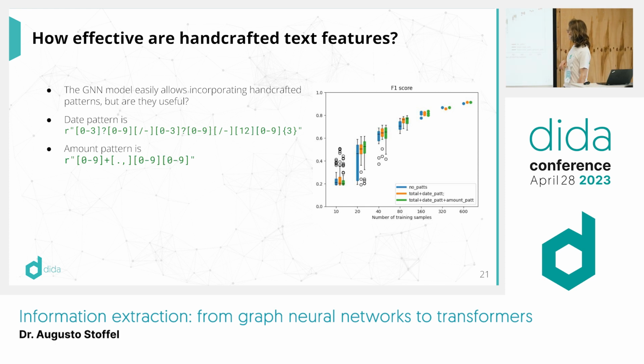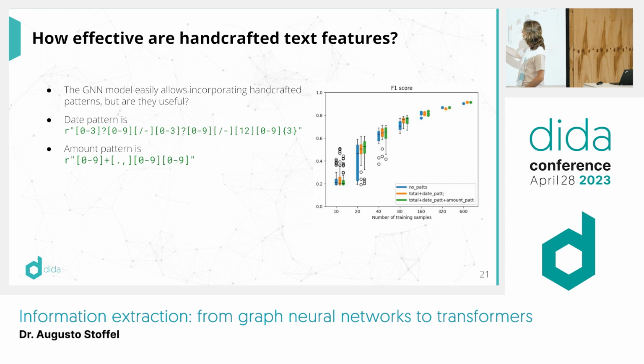So I compared what happens if you have no handcrafted features, or if you add, just recognize the word total, which is meaningful, right? If you're looking for the total amount of a receipt, and then also a regular expression that matches a date. So that's the orange stuff.